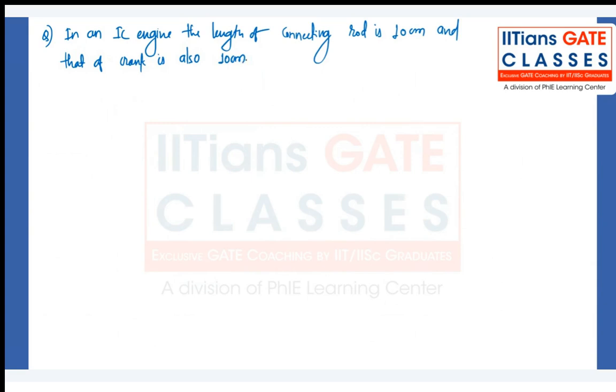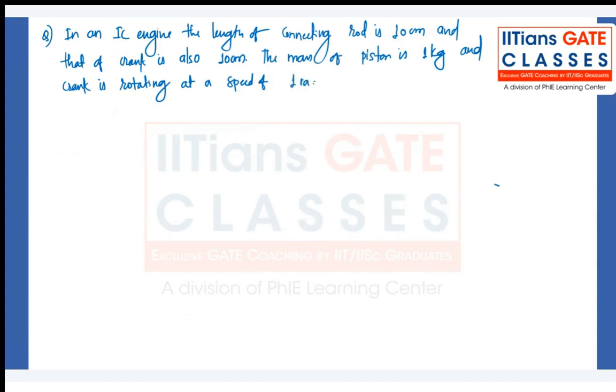The mass of the piston is 1 kg, and the crank is rotating at a speed of 1 radian per second.